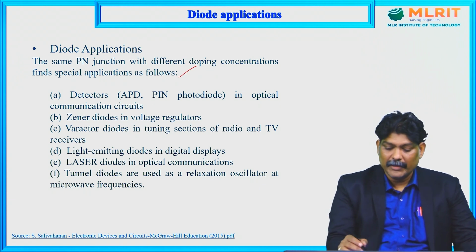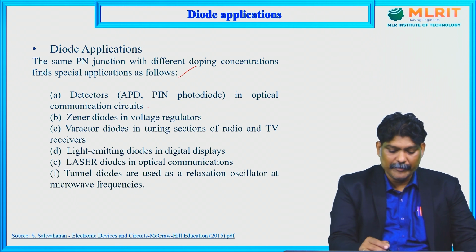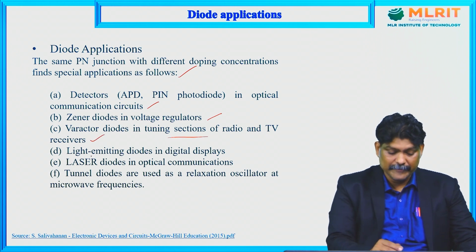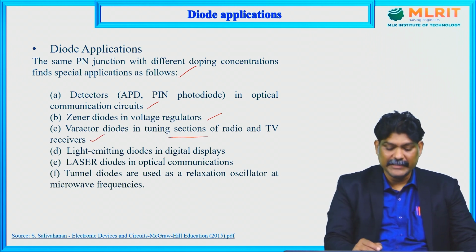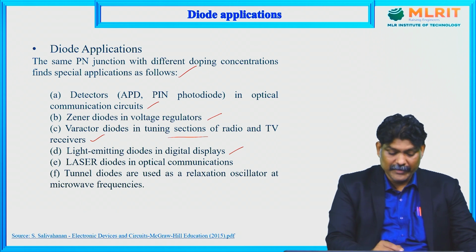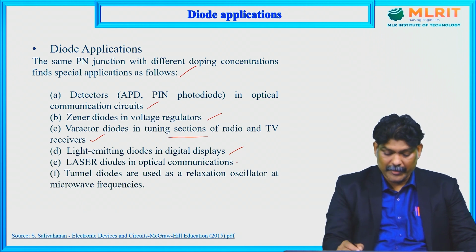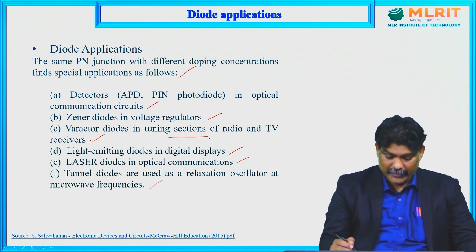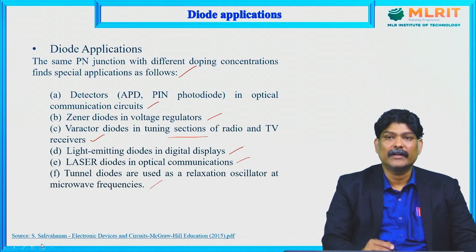Detectors, PIN diodes in optical communication circuits, Zener diodes in voltage regulators, varactor diodes in tuning sections of radio and TV receivers, light emitting diodes, LEDs, in digital displays, laser diodes in optical communications, tunnel diodes used as relaxation oscillator at microwave frequencies. All this I have taken from the Salivahanan textbook.